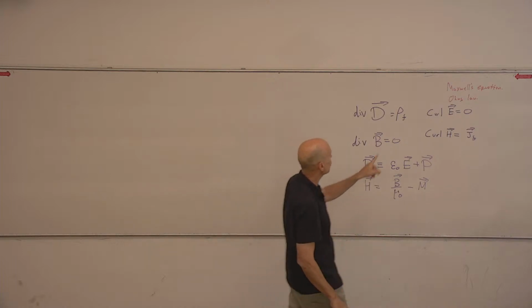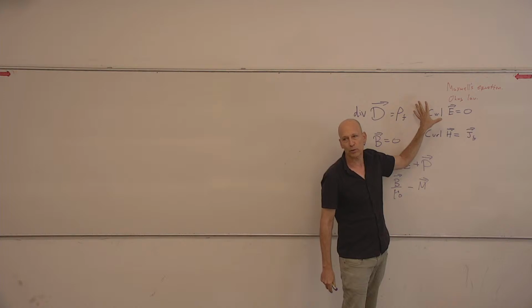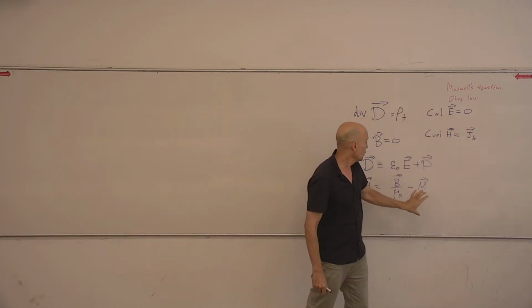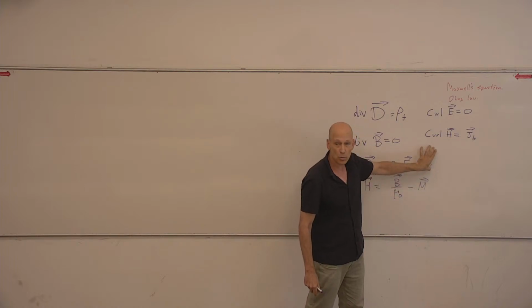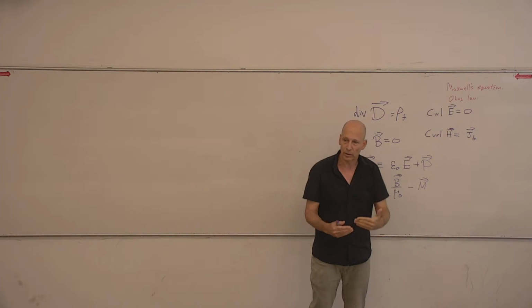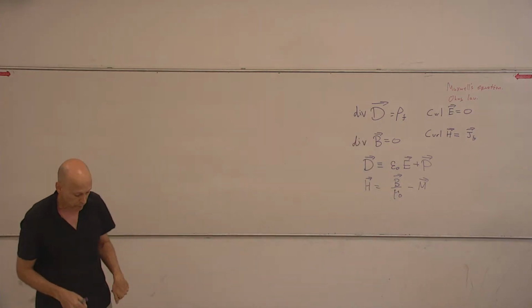If you know this one and this one, you can reformulate in a slightly different way, and we'll do that. But there's a lot of flexibility in the equations themselves.